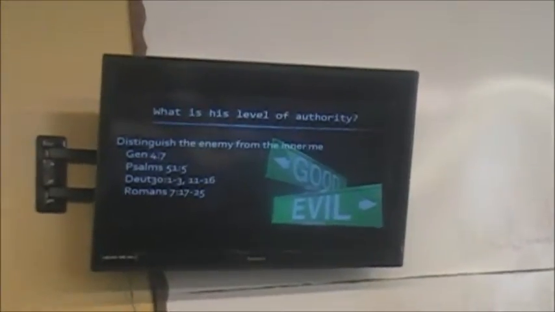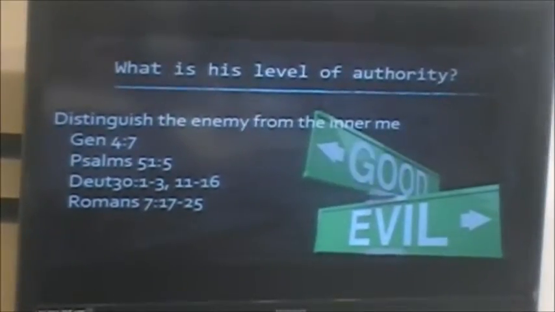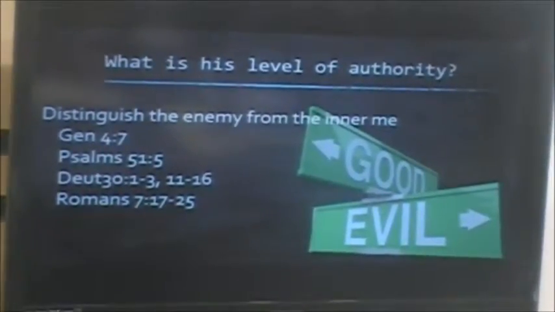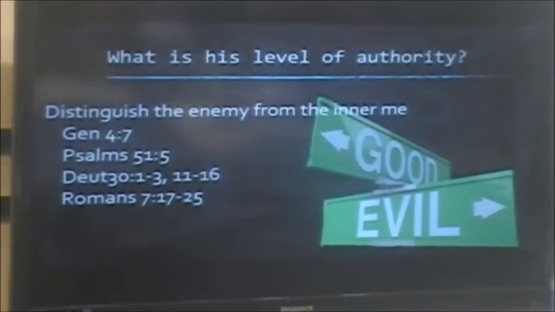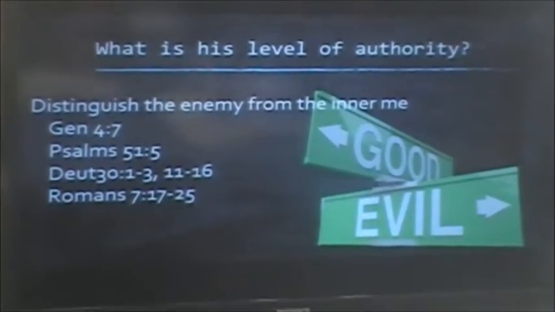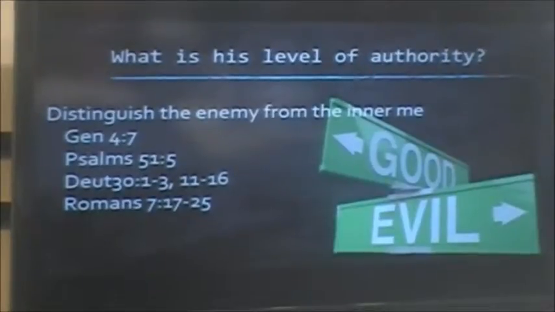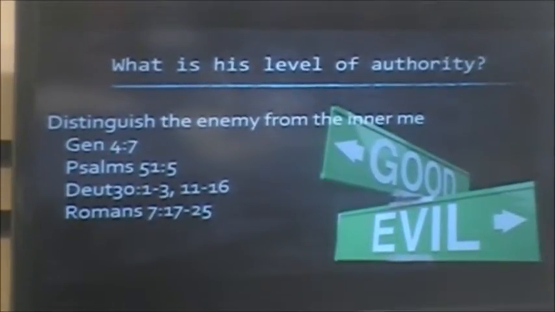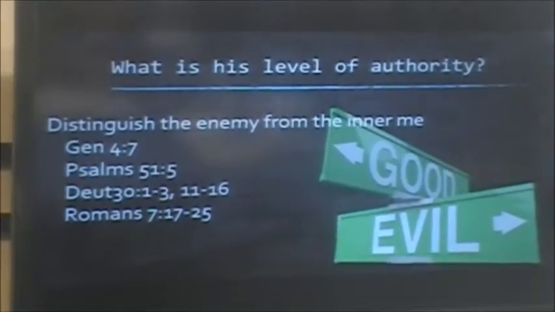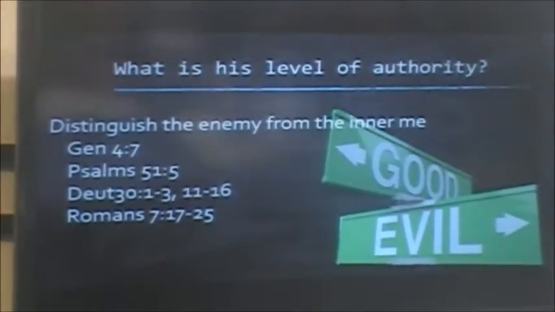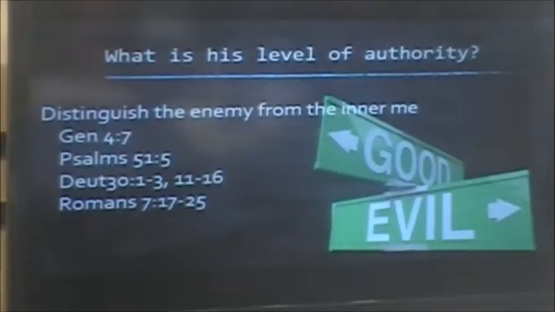And so let's now look at it from this respect. Distinguishing now between the enemy and the inner me. Because now in recognizing the things that he's put in place, we have to understand the innate sin that still resides within us. And then maybe we won't run around saying every time some bad thought comes up, that was the devil.